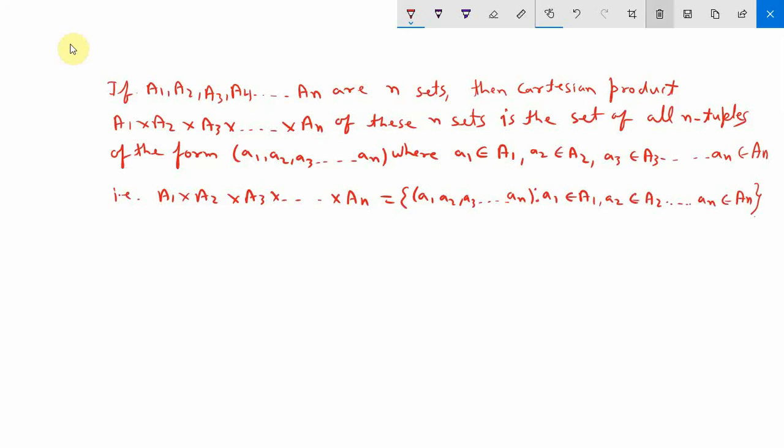So next we will discuss number of elements in Cartesian product of two sets. So let me clean this. Number of elements in Cartesian product of two sets.